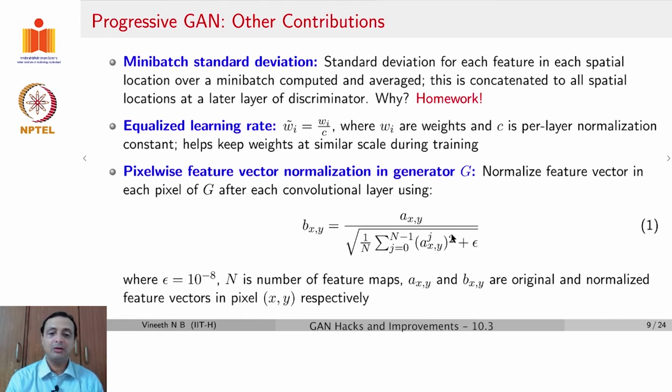The denominator here considers the pixel value at the same location across all of the feature maps and normalizes the value at the a-th feature map with this denominator. The epsilon here is for numerical stability to avoid a divide by 0 error, and the output is denoted as b_xy, which is the normalized value.